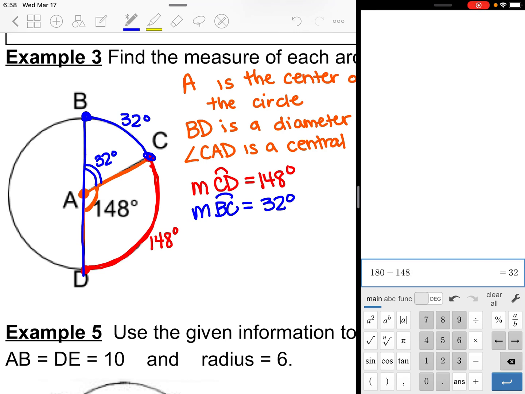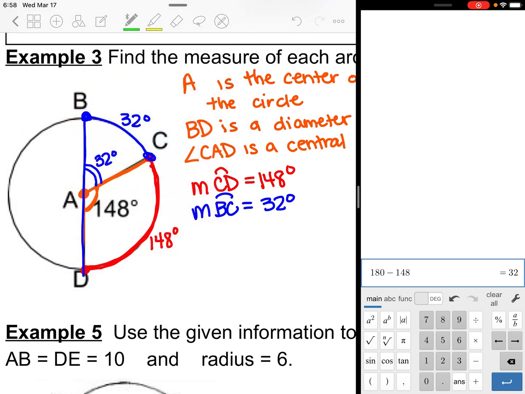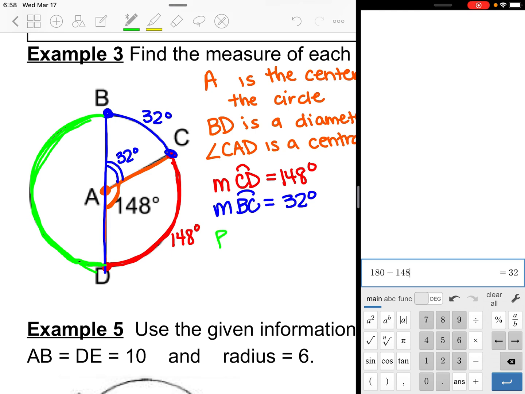So altogether, if BD is a diameter, then this arc that goes from B to D is a semicircle. It is half of a circle. So if a whole circle is 360 degrees, then the measure of arc BD is going to be half of that.